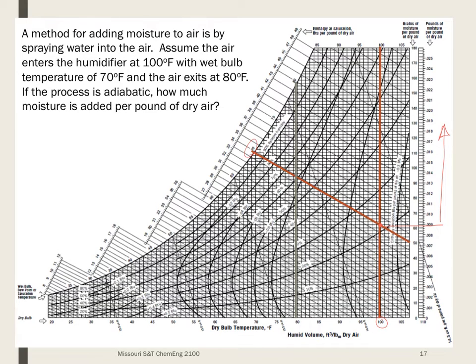What's staying the same is the enthalpy. And so we can approximate that by not worrying about the enthalpy deviation and just look at the saturation enthalpy. So follow one of these constant enthalpy lines. That means that I'm going to follow along the wet bulb temperature lines that go at a funny little angle there because I'm looking for a constant enthalpy.